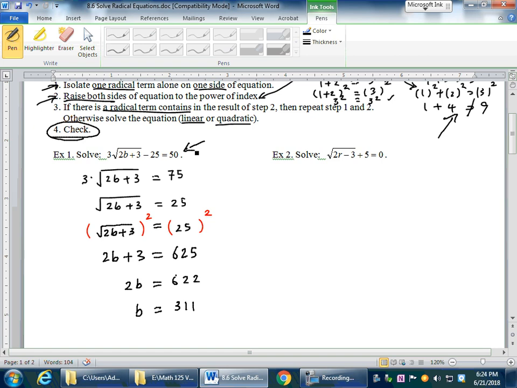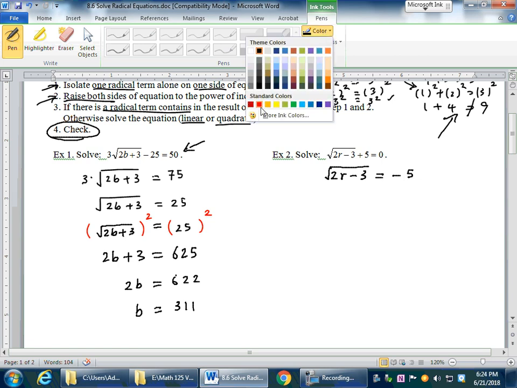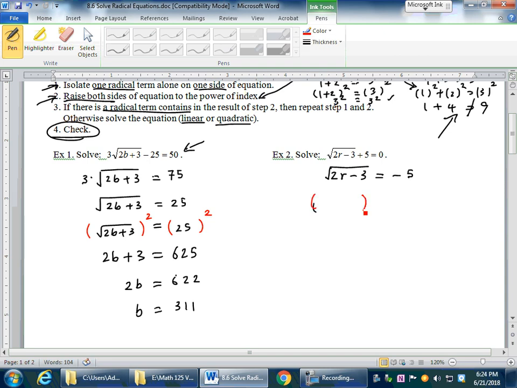So let's move on to the next example. First we're going to isolate the radical by itself. So it'll be the square root of 2r minus 3 is equal to minus 5. Now I'm going to raise the power on both sides, the same as the index. In this case, my index is 2, so therefore it will be raising to the power 2 on both sides.